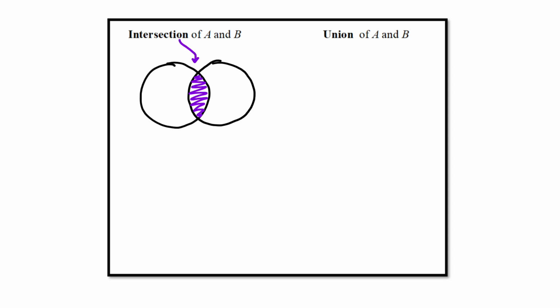So where they intersect, the actual overlap, that is the intersection. Let me label this. This is the A circle and this is the B circle.